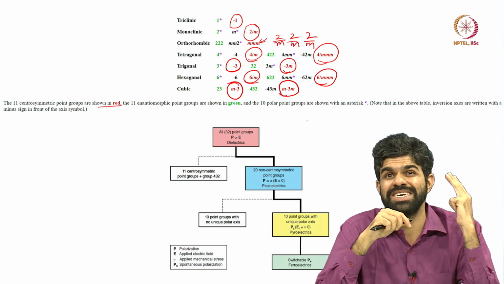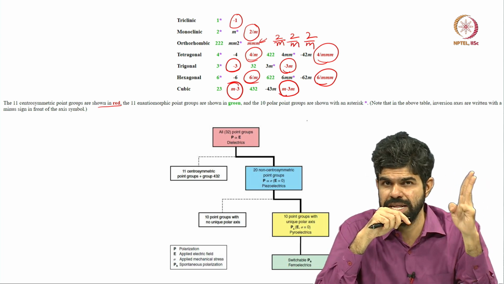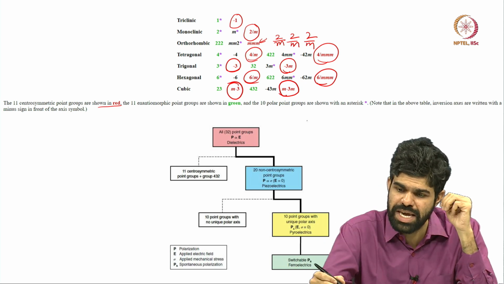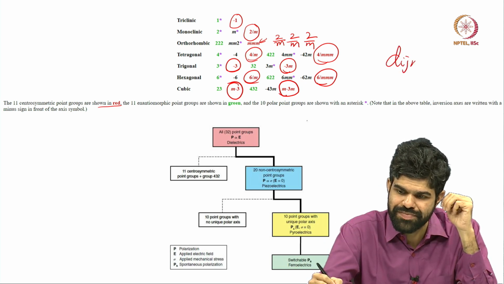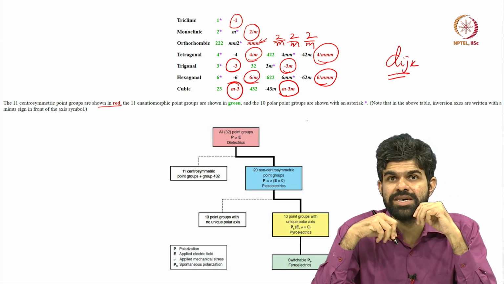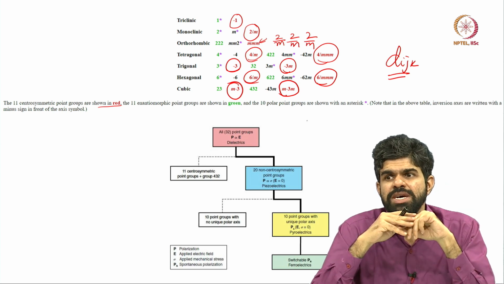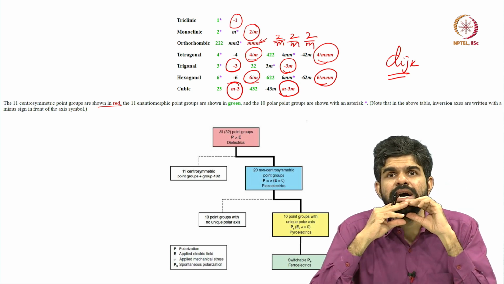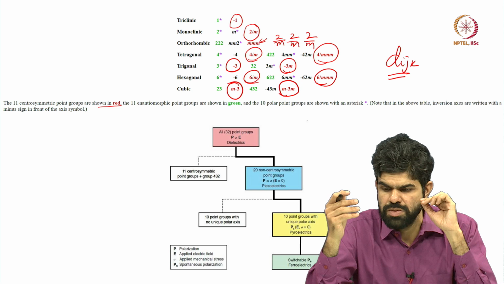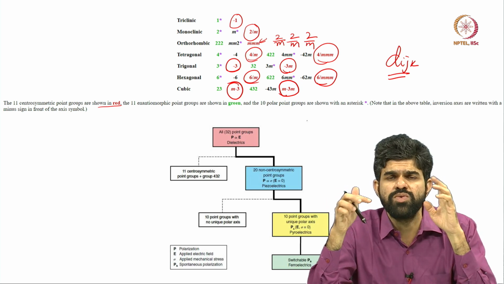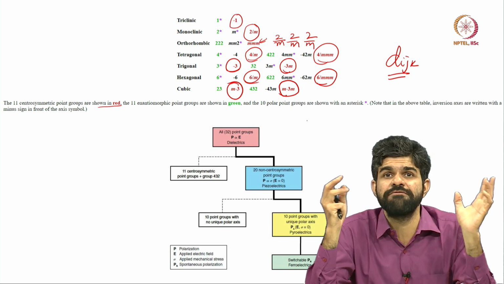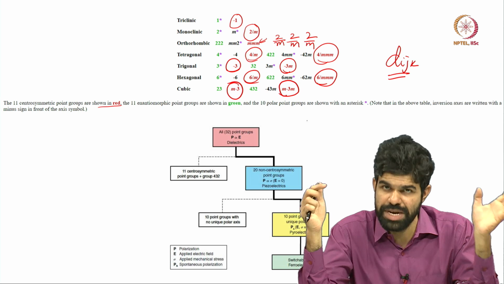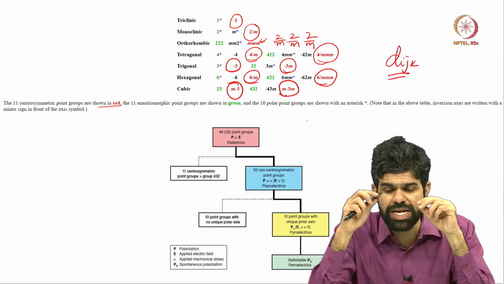The piezoelectric tensor is a third rank tensor, d_ijk. We have done this earlier, so if I ask whether the crystal I give you has a d_ijk that I can measure, that is the question I ask.